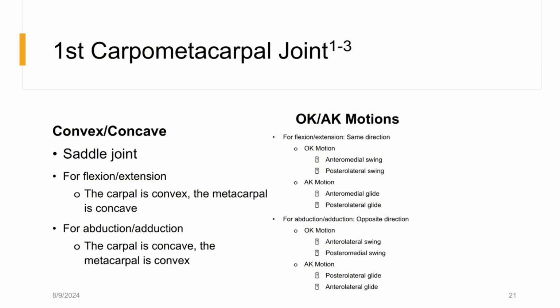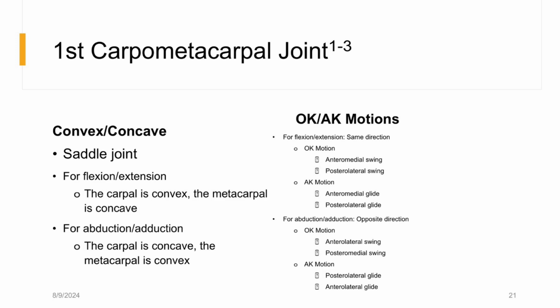So therefore, for flexion, you're going to get an anterior medial swing and roll with an anterior medial glide or slide. Now, it's saying anterior medial, but you want to put in parentheses, specifically medial glide or slide with a medial swing and roll with flexion and extension.